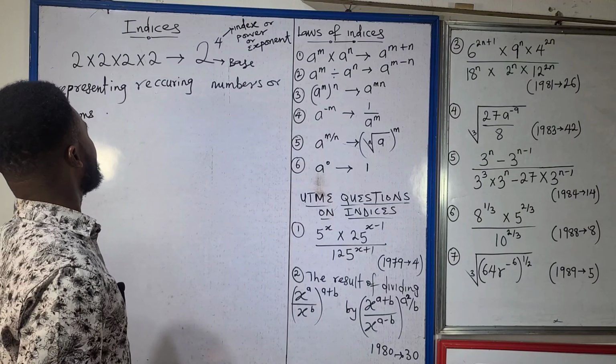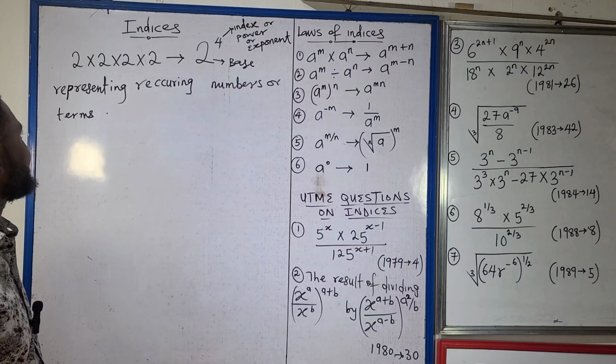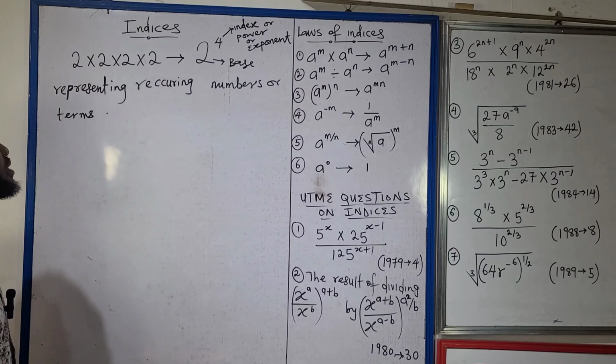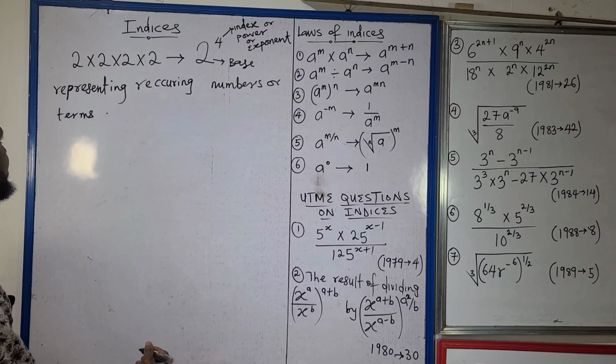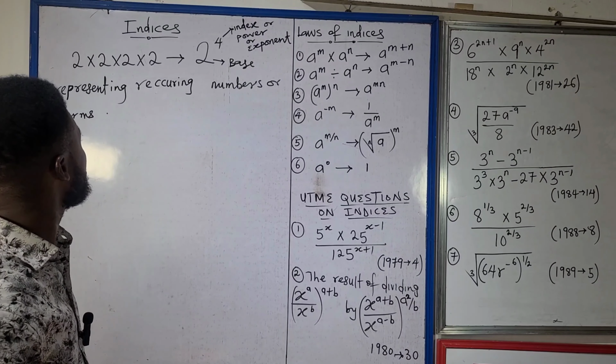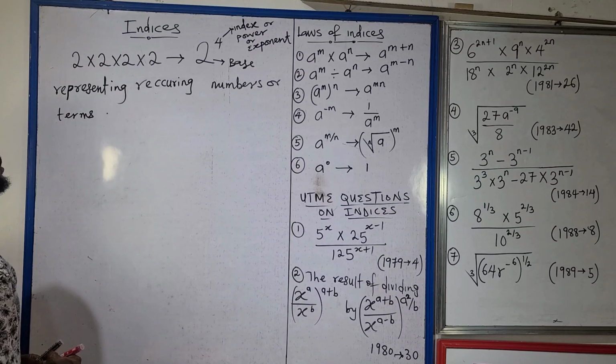Okay, we're looking at indices. Indices is a way of representing recurring numbers or terms. Take for instance, we have 2 times 2 times 2 times 2.